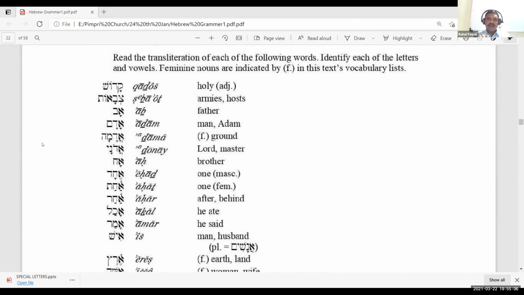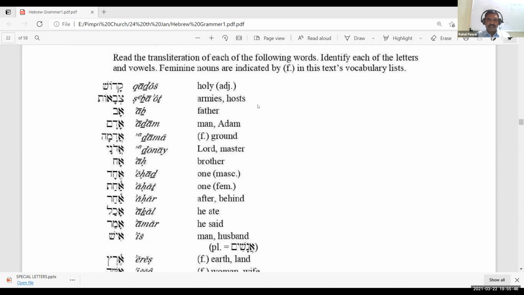Patach, you write under Aleph that patach sign 10 times, and whenever you write, you have to say it loudly: patach, patach, patach, qamets, qamets, qamets. So your homework is at least 10 to 20 times you write a single vowel, and all this vocabulary you learn with its transliteration and the English translation also.